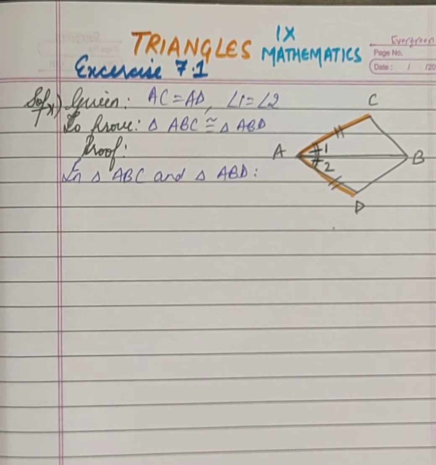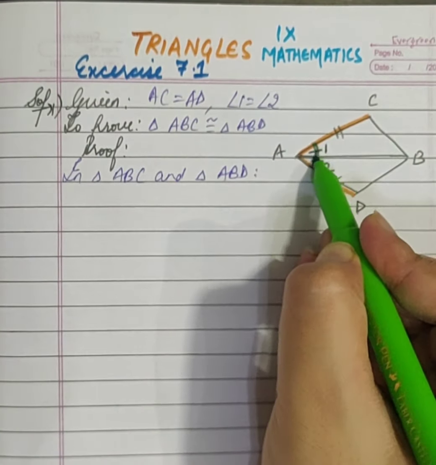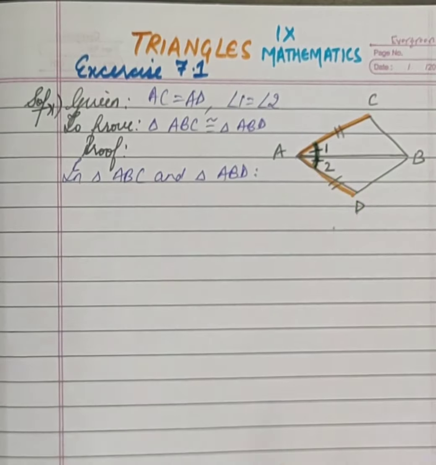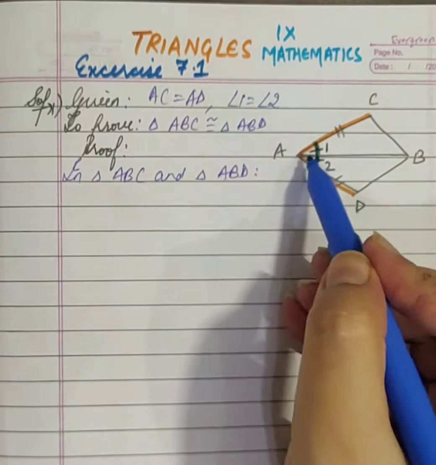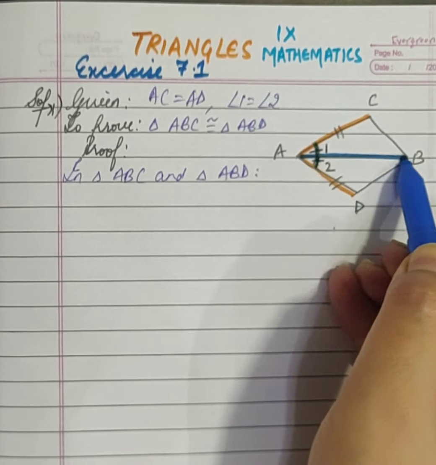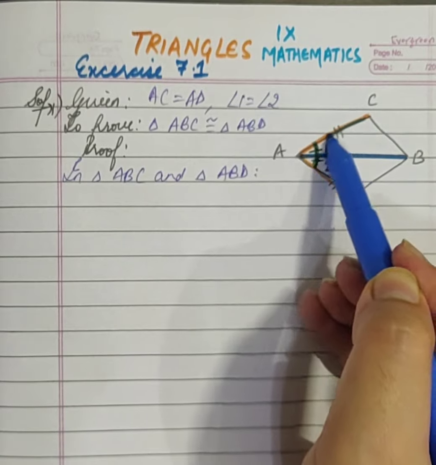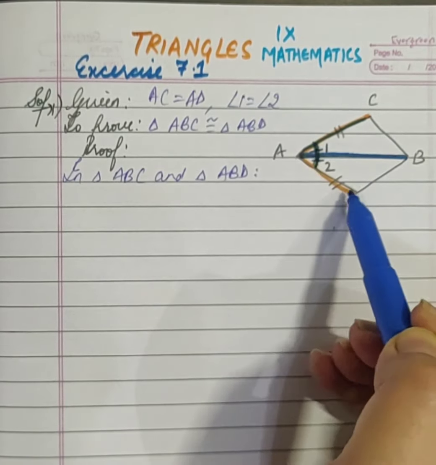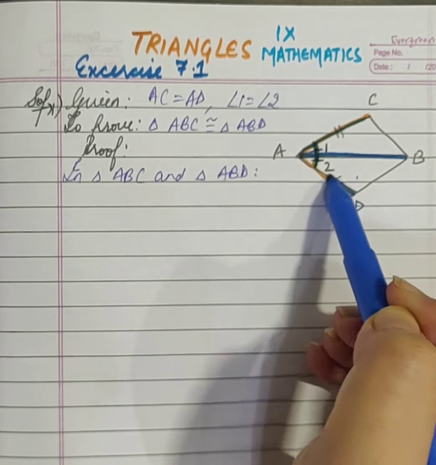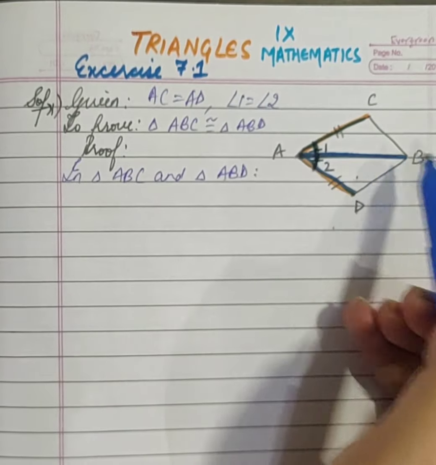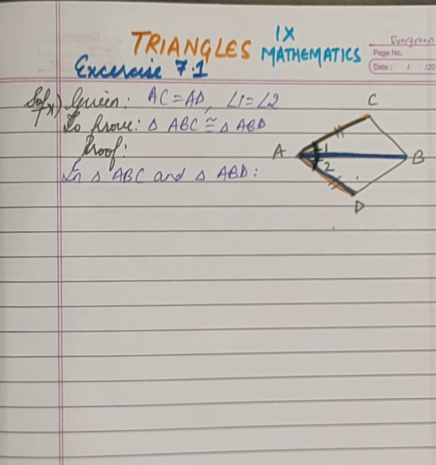The second condition is angle 1 of first triangle is equal to angle 2 of second triangle. And the third condition is this AB is common in both the triangles. So by side angle side, we can check here also, side angle side.